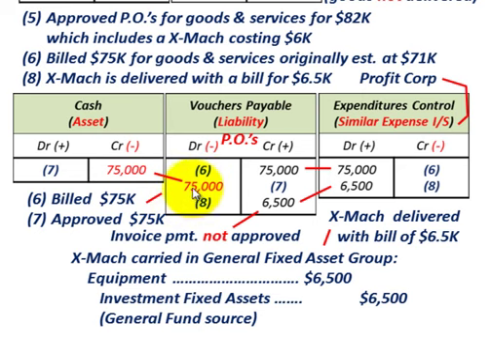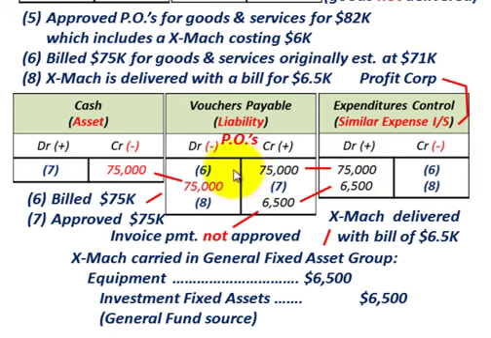Okay, now let's look at this X machine that was delivered with a bill of $6,500. Again, in our vouchers payable, we set that up as a payable or a liability for the billed amount, $6,500. Then go over to our expenditures control and debit or increase that by $6,500, the actual billed amount.